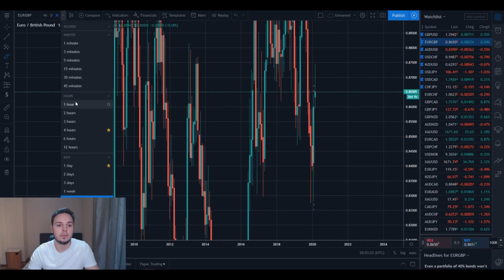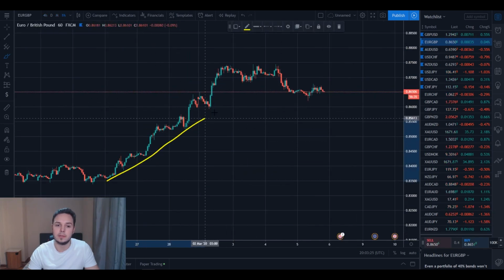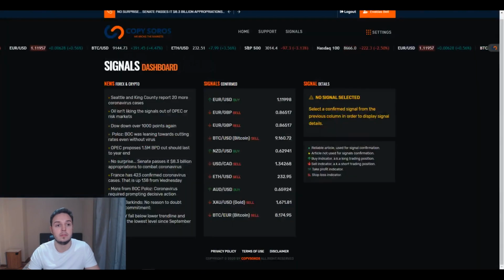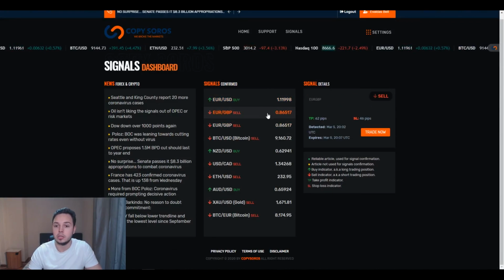Even on the 4-hourly, if we just look at the hourly, we can see this trend towards the upside is now broken. It started to consolidate. It might even start going down, but there is some pressure on the 1-hourly time frame. We see it with this wick over here, so it might just push towards the downside, retest this area of sensitivity. So it could be a nice trade on the Euro GBP.